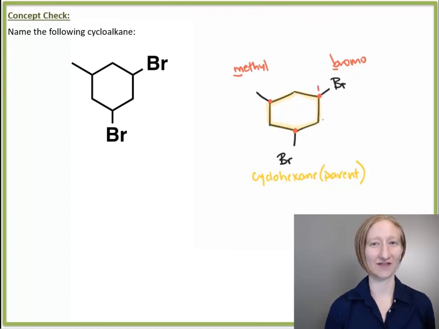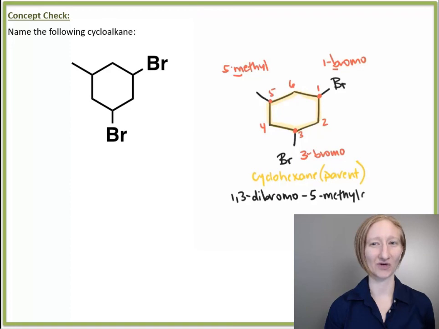We need to identify the numbering of our ring. We can start at the methyl as carbon 1 or at the bromo as carbon 1. If you try this, you'll find that both positions give the same total. So here we need to identify carbon 1 alphabetically. The bromo group receives higher priority than the methyl group, so the carbon containing the bromine is carbon 1.